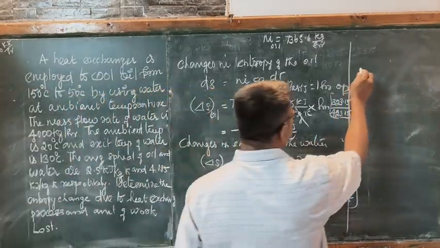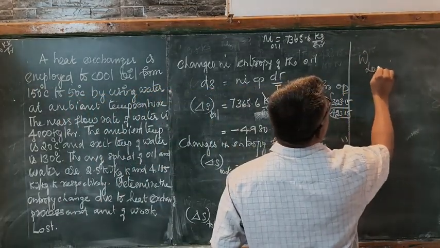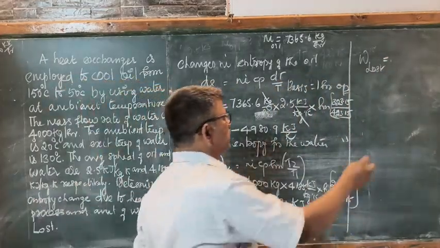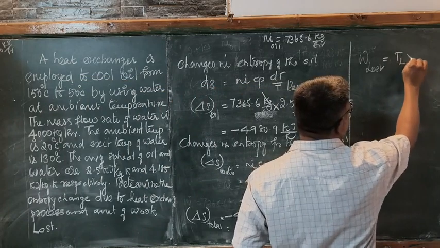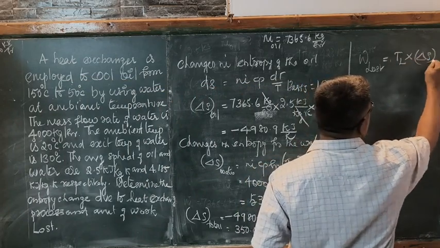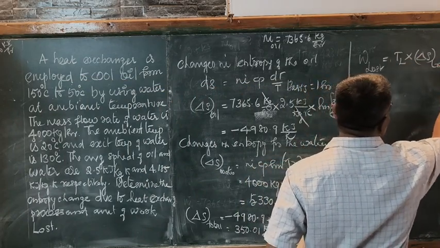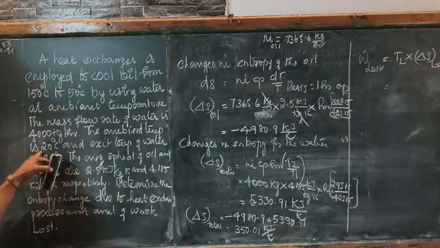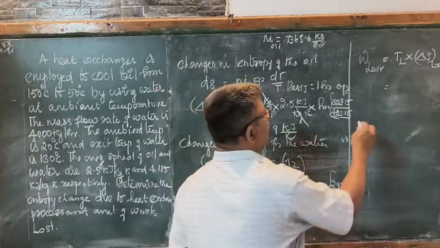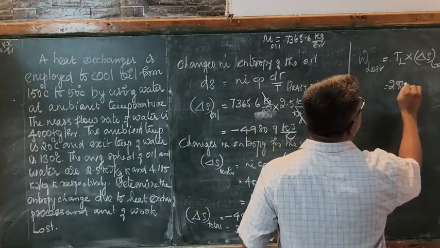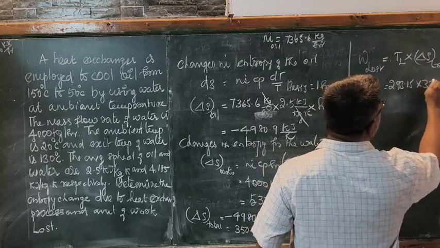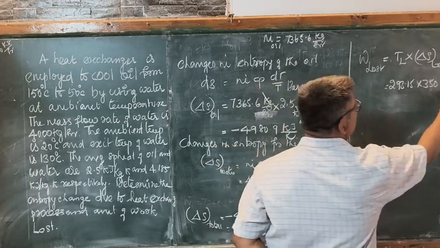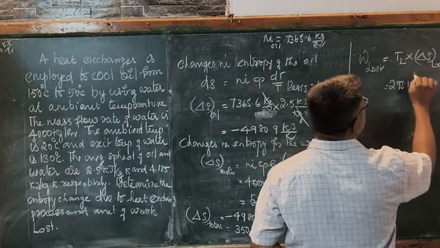What next? Amount of work loss. The equation to estimate the amount of work loss is sink temperature TL into total entropy change. The sink temperature, that means the entering temperature of water, is 20 degrees Celsius. In terms of Kelvin, 293.15 into 350.01 kilojoules per degree Kelvin.